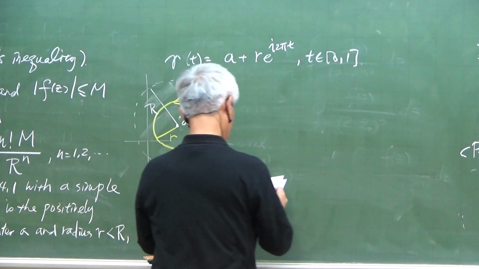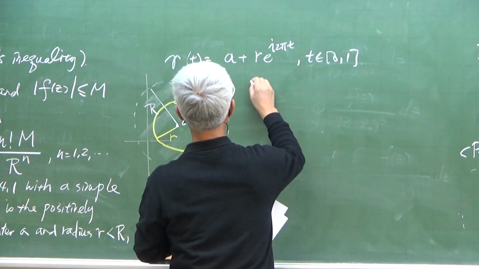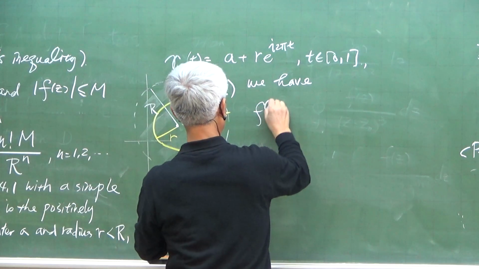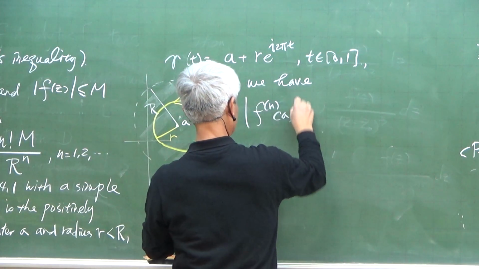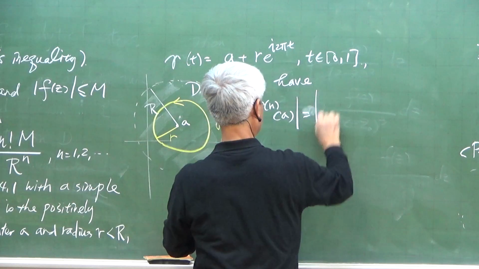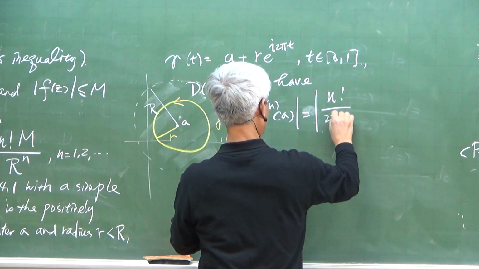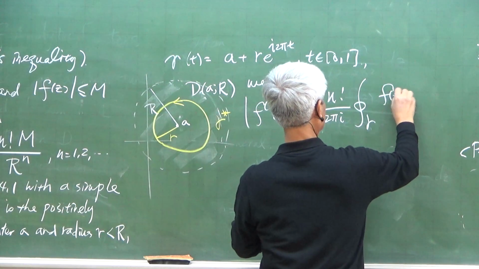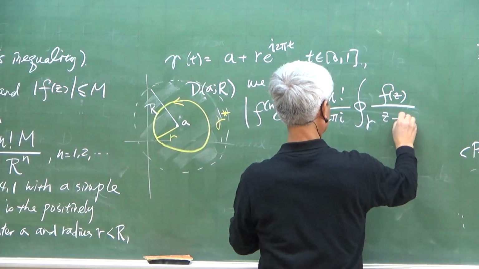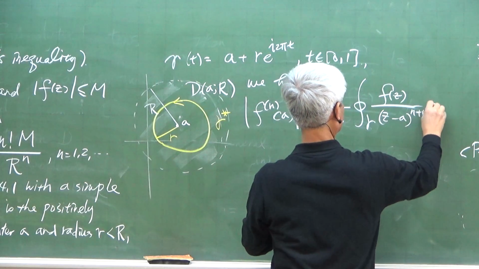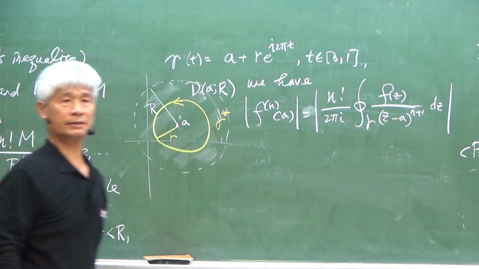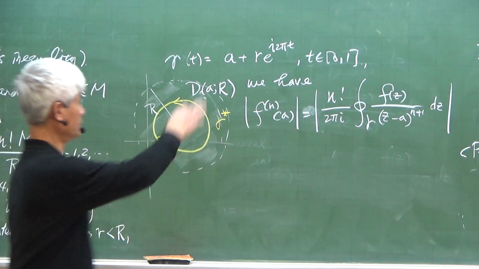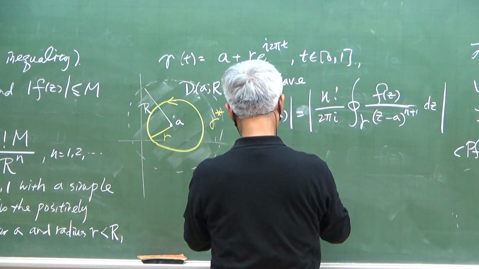So we have, from theorem 4.1, the nth derivative at A equal to n factorial over 2 pi i times the integral.